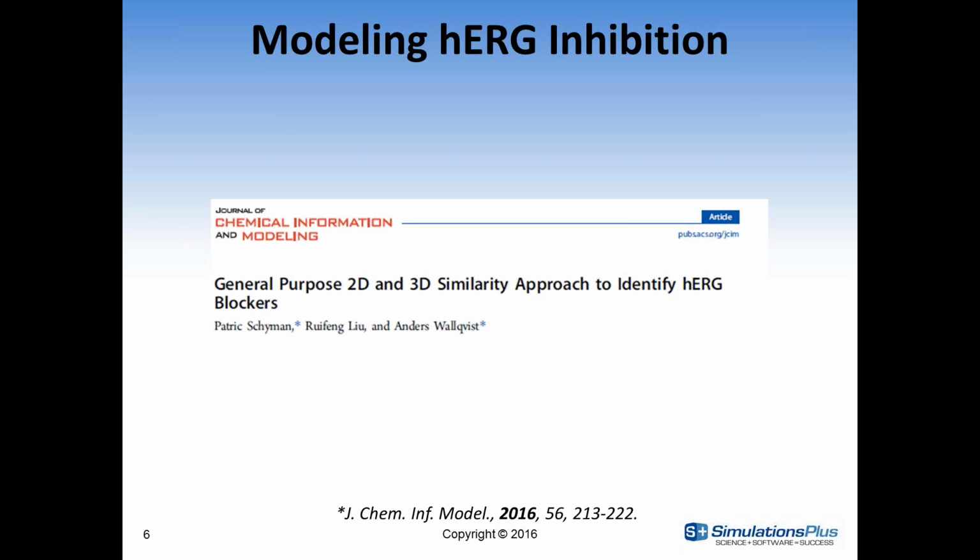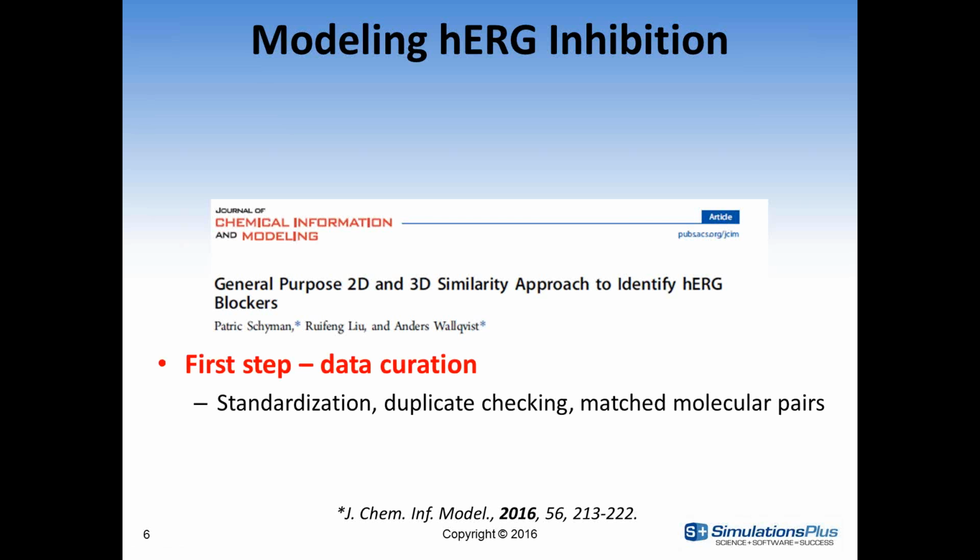They were kind enough to provide their training and test sets in the supplemental information, so I could download that and look at it. In this example, we're going to do some data curation. We're going to read the files in, standardize the compounds, do some duplicate checking, and then finally look at some matched molecular pair analysis. And then for ADMET model building, I'm just going to go through some slides for that.